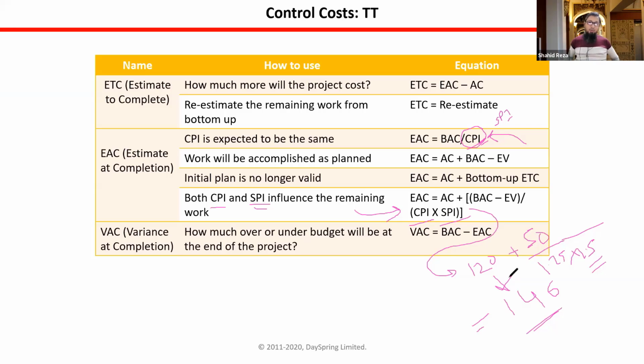So these are the variants of the same formula, EAC, estimate at completion. Based on the scenario in the PMP exam, you have to use whichever formula is mentioned. And in a practical case, based on these conditions, you have to choose which formula you want to use for your project.